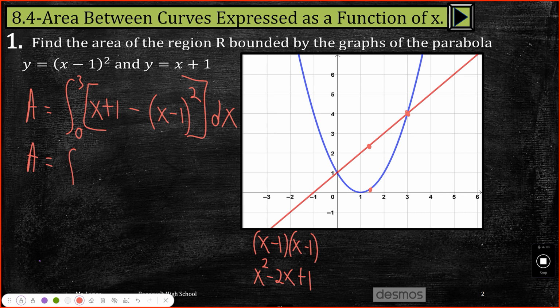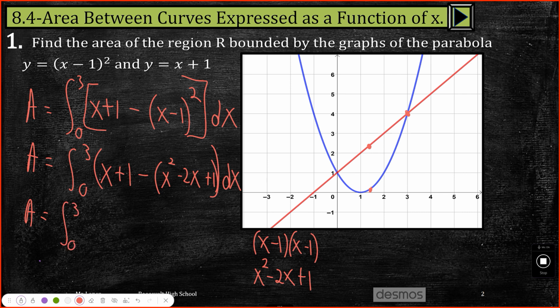Area will equal, from 0 to 3, x plus 1 minus x squared minus 2x plus 1, and the whole thing dx. So the area will equal 0 to 3, and this is going to be negative x squared.